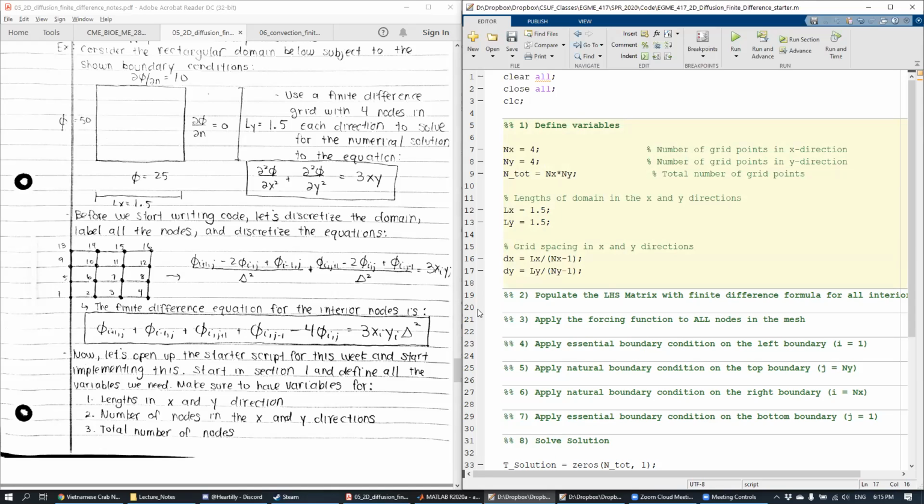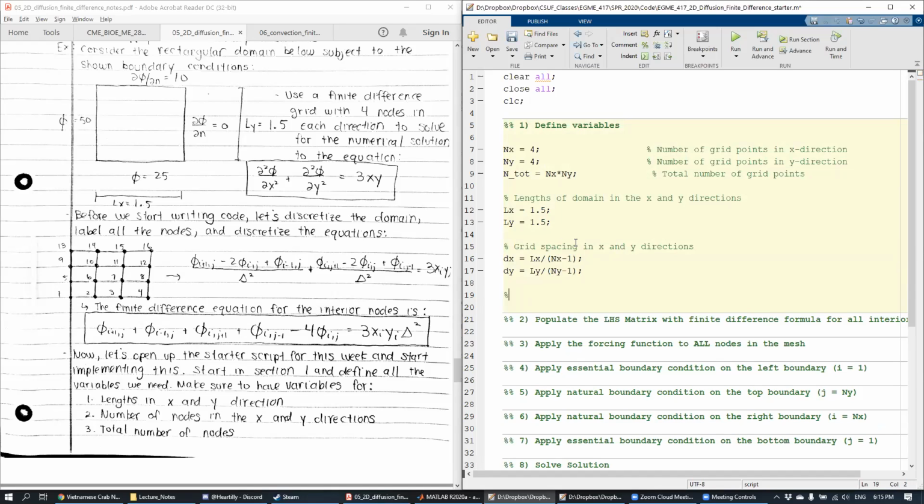And so remember, the reason we do minus 1 here is because, with 4 grid points, we have 3 spaces in between each of the nodes, right? And so that's why we do minus 1. And so from there, we'll have the grid spacing in the x and y directions. Okay. Any questions so far? So we've just kind of defined some variables that we needed from the problem.